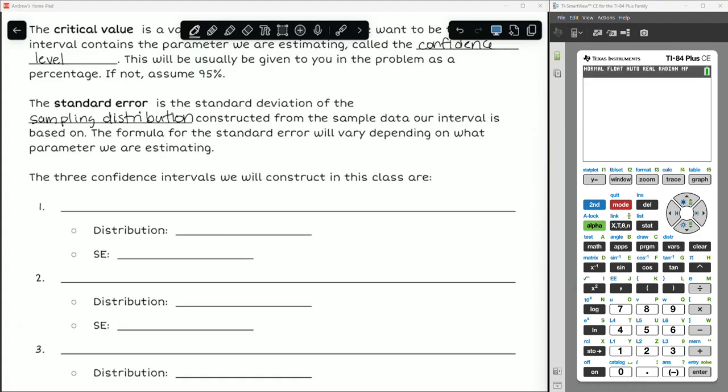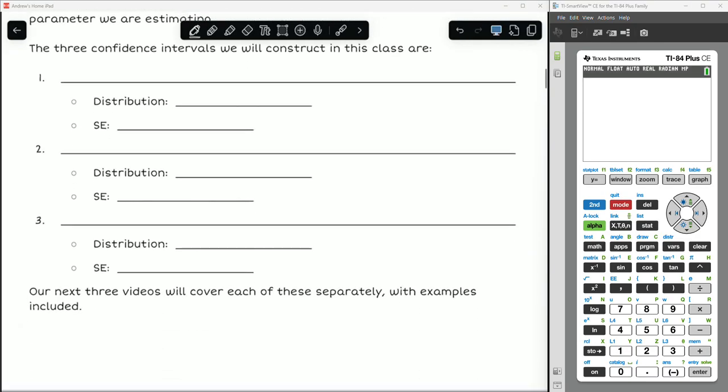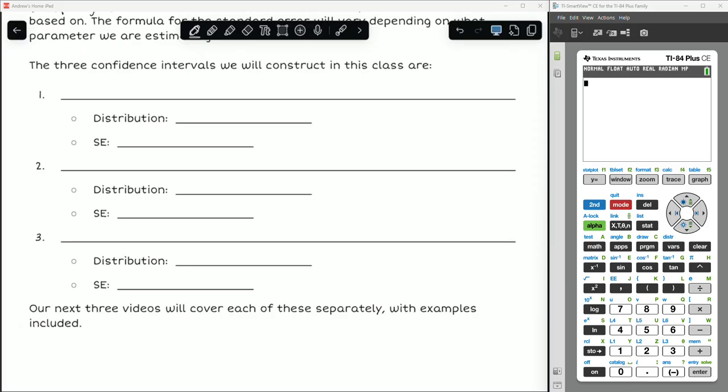The three confidence intervals that we're going to be focusing on this week are confidence intervals for a mean when we know the population standard deviation, confidence intervals for a mean when we do not know the population standard deviation, and for proportions.